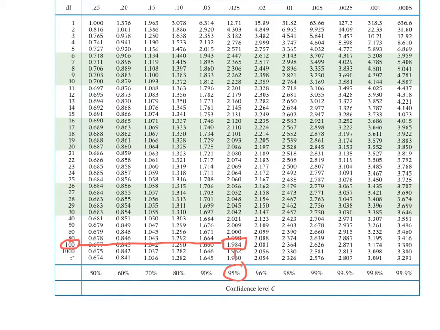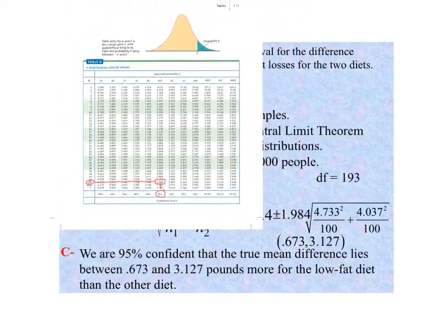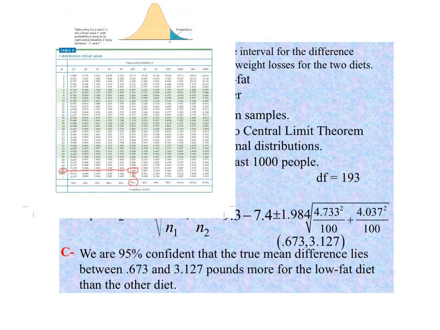Okay, 1.984. So that's where I got this 1.984 here.